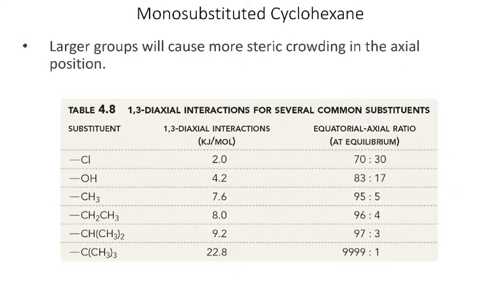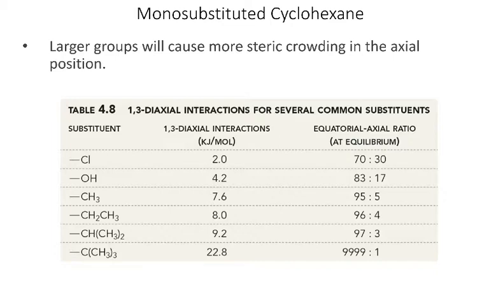All right, and not all substituents are created equally. The bigger the substituent, the greater the penalty for being in the axial position will be. And so what this tells us is the energy penalty of having that group in the axial position.